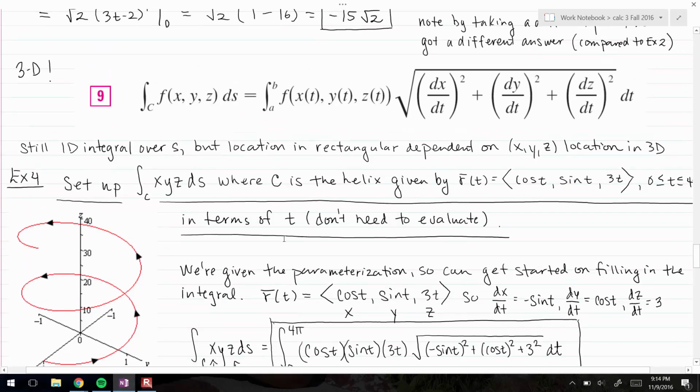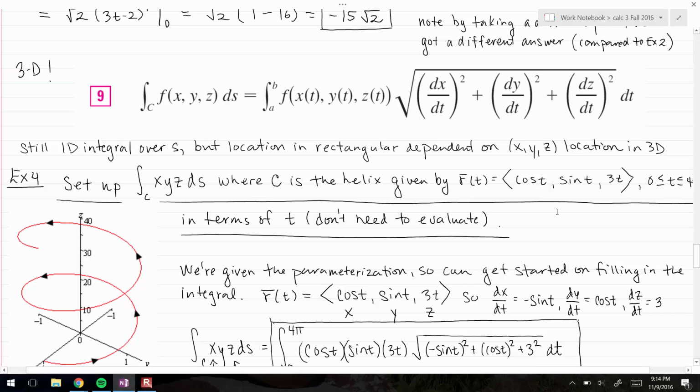For this equation, we have things that we need to plug in. Here we're taking the line integral of x, y, z, and all those things will be plugged in from the parametric equations given in the vector form. Then we need to find all those little derivatives.